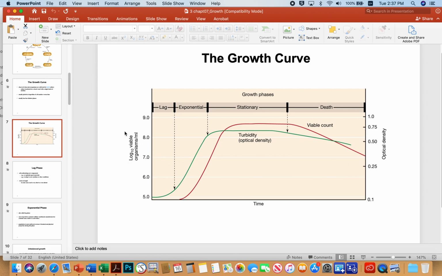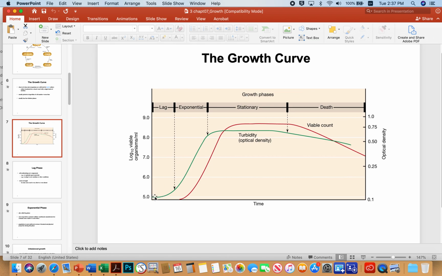Over here, the viable counts: imagine a flask that you're shaking, for example, and then periodically pulling out samples and measuring the amount of live bacteria in the sample. This is something that we would have done in lab, and I'll give you a lab demo on that. But the general gist is that the growth curve falls into these four predictable categories.